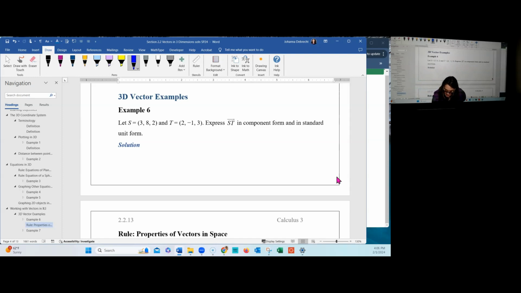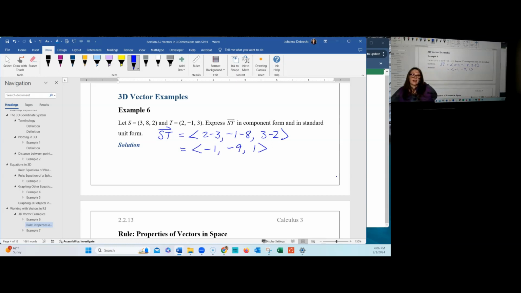So we're going to have (2, -1, 3) minus (3, 8, 2). So our vector ST is going to be <2 minus 3, -1 minus 8, 3 minus 2>. And if we simplify this, we get the vector <-1, -9, 1>, right?